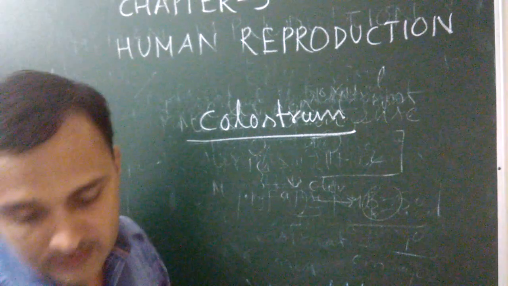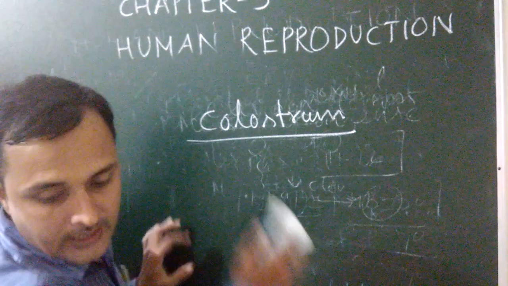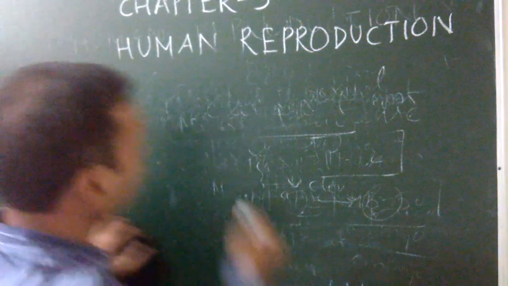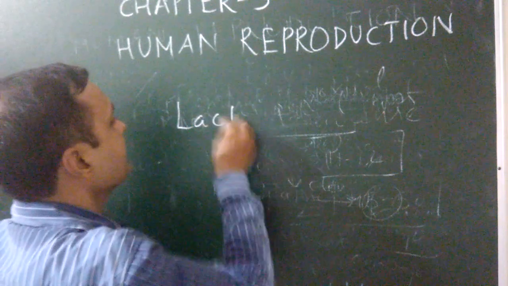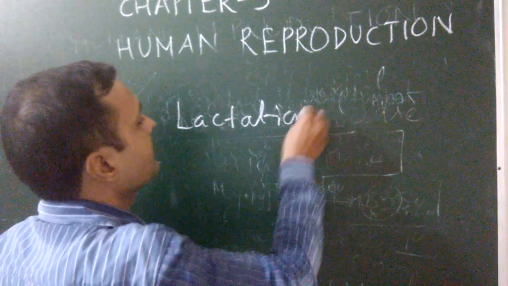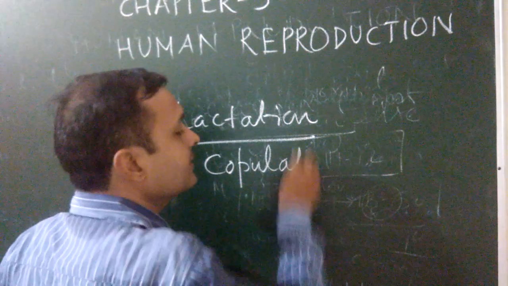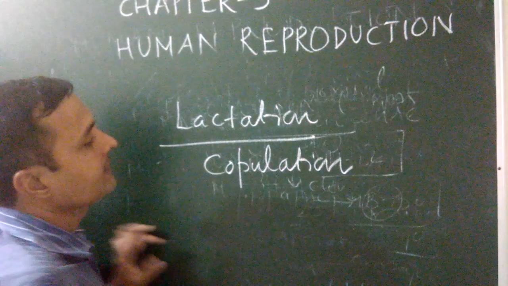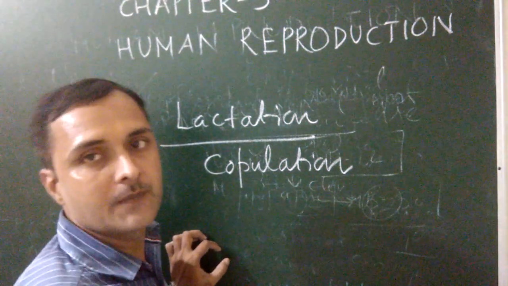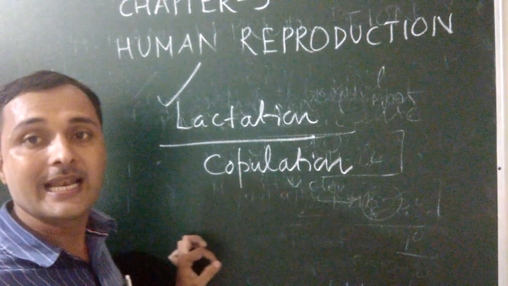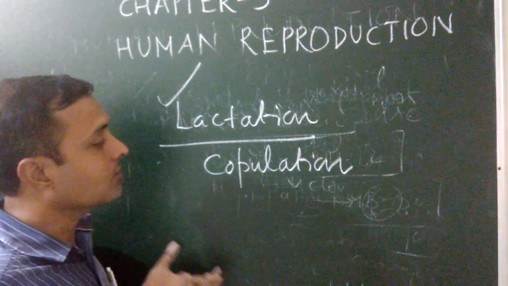Next is lactation and copulation. What is lactation? The process of ejecting of milk from the mammary gland after childbirth is known as lactation. What is copulation?